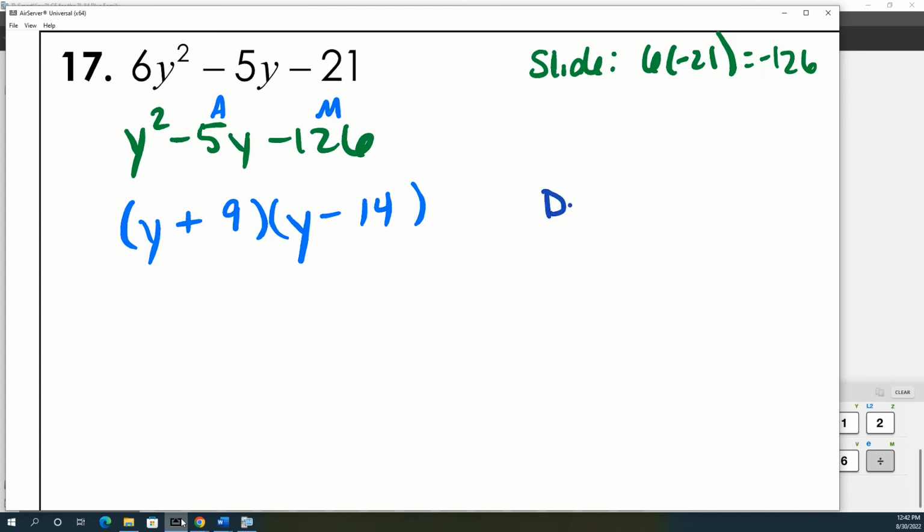All right, and then we're going to need to do the divide step, where we're going to divide those by 6. And if you're not good at dividing or at simplifying fractions, it's okay. Your calculator is great at it.